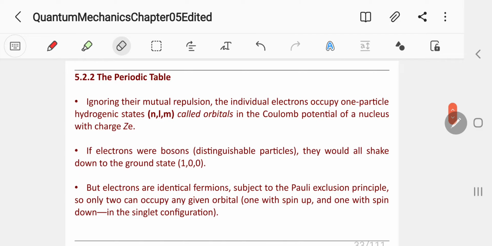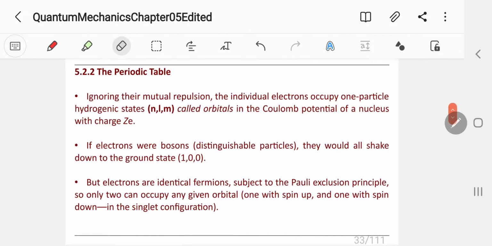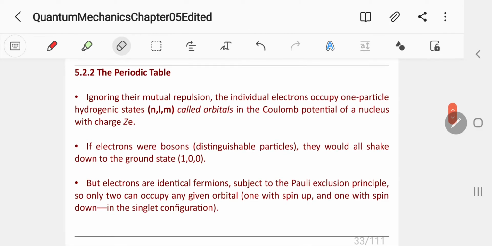Now let's try explaining the periodic table. If we ignore the mutual repulsion, the individual electrons occupy one-particle hydrogenic states called orbitals in the Coulomb potential of a nucleus with charge Ze.